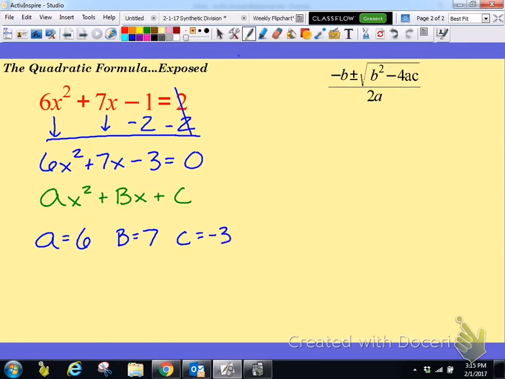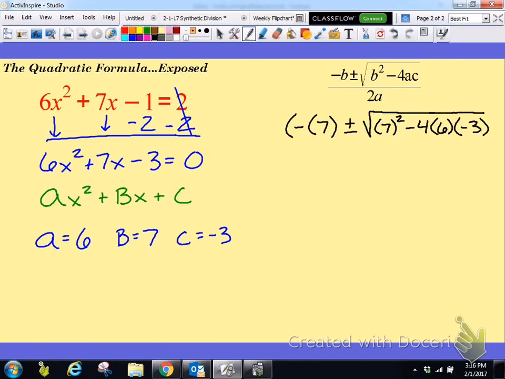Alright, so now we're going to look over to the right at the quadratic formula, and we're going to learn how to properly write these variables into place. So, here we go. I'm going to start out by opening a big parenthesis around everything up top in my numerator. So, open parenthesis, negative b, and my b value is 7, plus or minus the square root of b squared, which again, my b is 7, so 7 squared, minus 4 times a, which is 6, times c, which is negative 3.